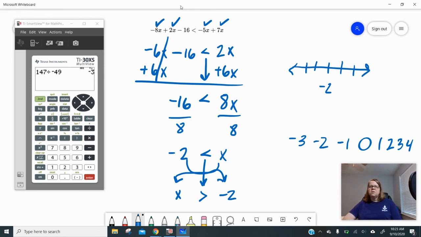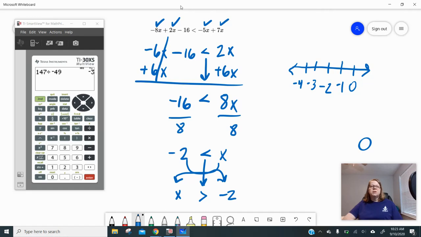So if -2 is here, I know -1 and 0, -3, -4. Okay. I just know that lots of times students will get all this right and then they'll miss the graph. And I don't want you to do that. I don't want you to miss what should be the simpler part, I suppose, of the problem.